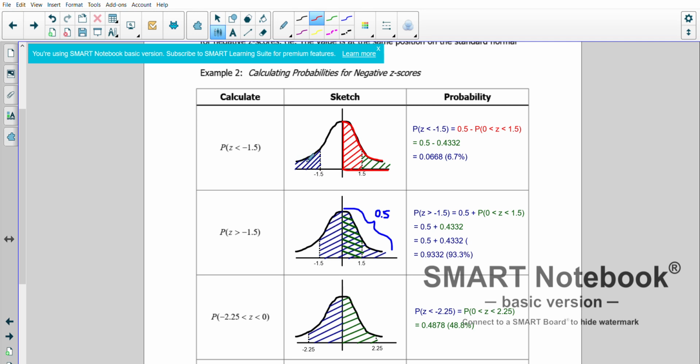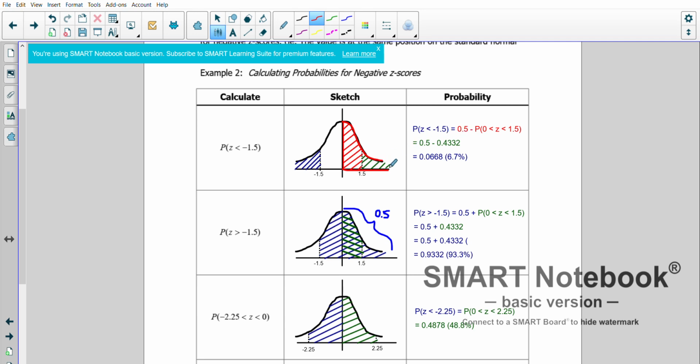So this blue shaded region, the probability that z is less than negative 1.5, is going to be equal to this green shaded region, which is the probability that z is greater than 1.5. So if I can find the green, that's going to equal the blue, which is what I want. And in the last example, we already found the green several times.